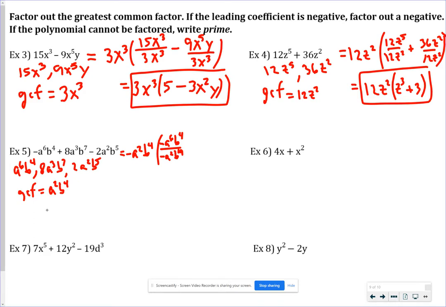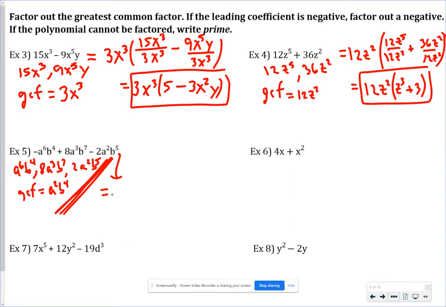I'm going to move down here a little bit. Yeah, I think I need some more room. So this is just finding our GCF. Let's see what we've got. So we're going to take out the negative a squared.